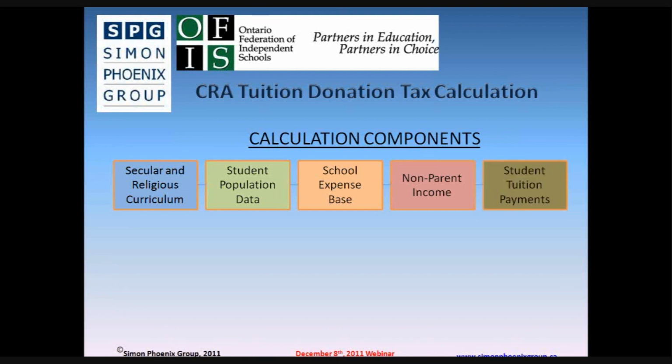And, of course, the last component in all this, and one of the more important components, you need to know which tuition payments have been made by whom on behalf of what students and when.